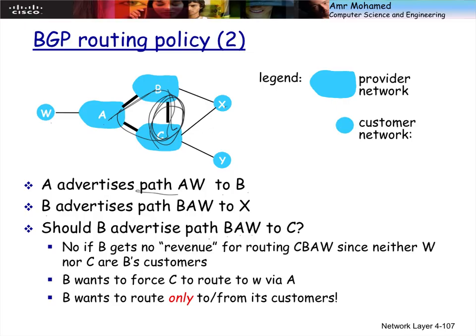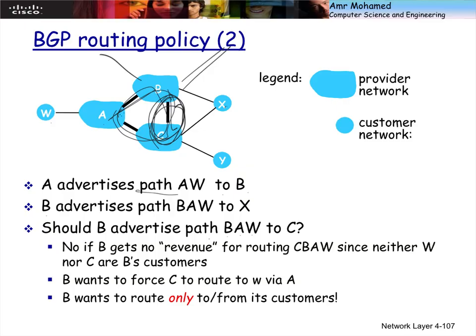So B is not a customer to C and C is not a customer to B. So they don't exchange any monetary revenue. But why do we have this connection? It's only to facilitate communication, so we can use this to مثلا route to other autonomous systems in that direction. But definitely I would want to avoid loops in that case.